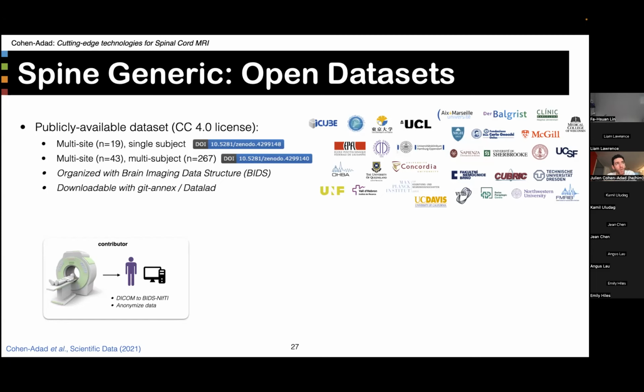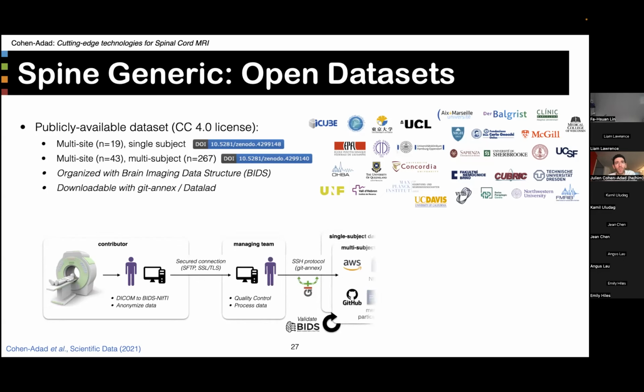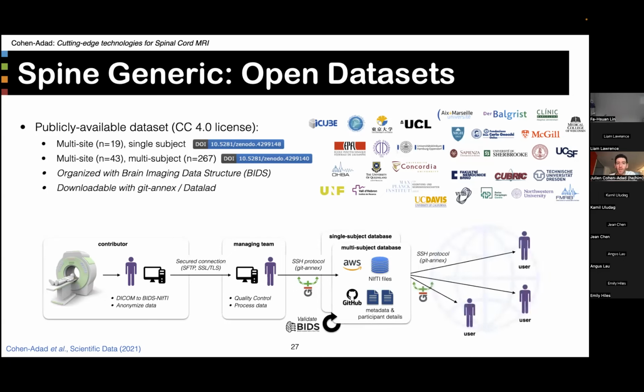Each site acquired the data, anonymized them, converted them to BIDS using scripts that we provided, and then the data were sent to the managing team, which added some quality control assessment, some data processing, and the data were pushed onto an AWS server, and the metadata and the data set is listed on the GitHub repository, so that everybody could, with one line of code, access the data. It's actually 2 lines of code.